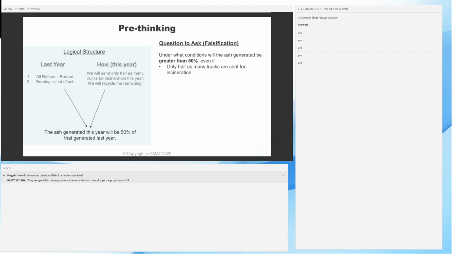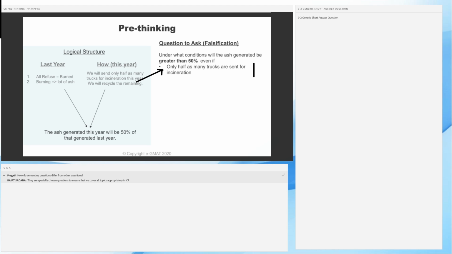So what's my falsification question? In what scenario will the ash generated be greater than 50%, given that I'm only going to send half as many trucks for incineration? So if I receive half as many trucks for incineration, in what scenario can I get more ash?